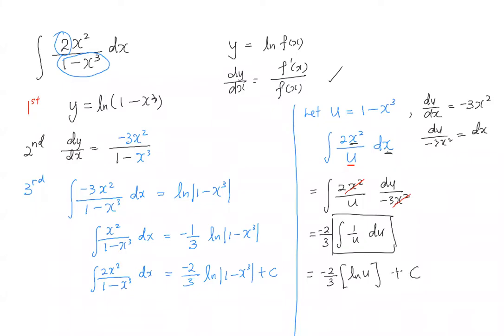So now I substitute back my u with the x. So do I get the same as this one? Which one is with understanding, the one on the left or the one on the right? Definitely the one on the left. Am I right?